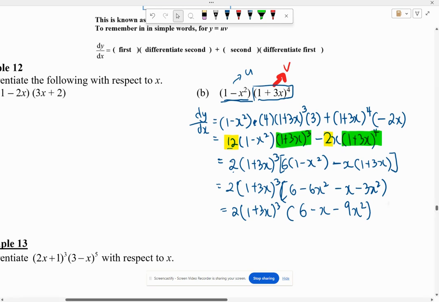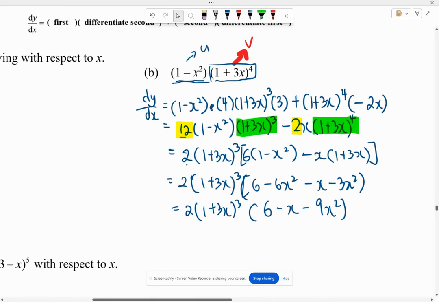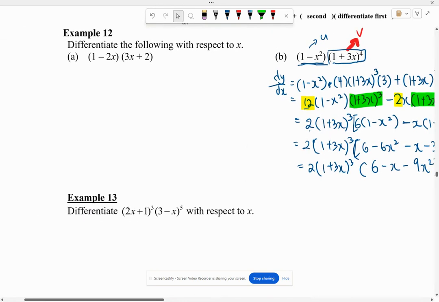So sometimes in questions, they will ask us to change to a certain format. Okay, so let's look at example 13.